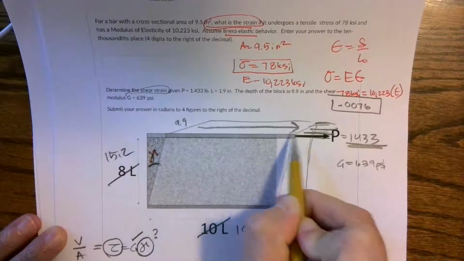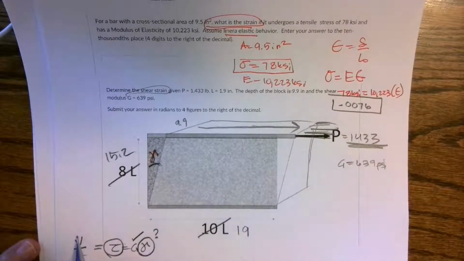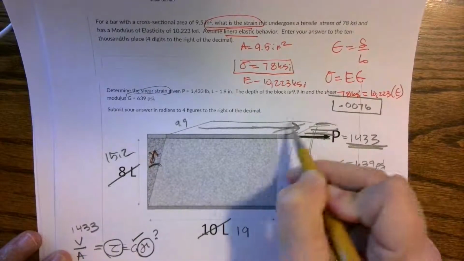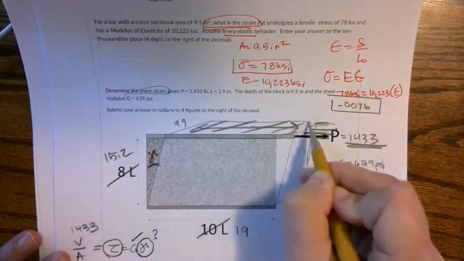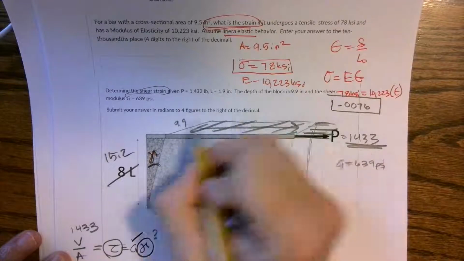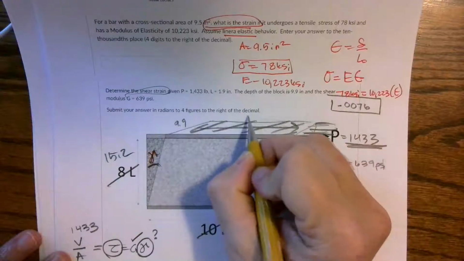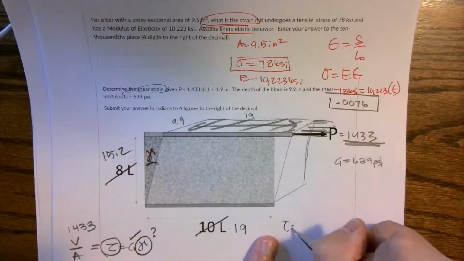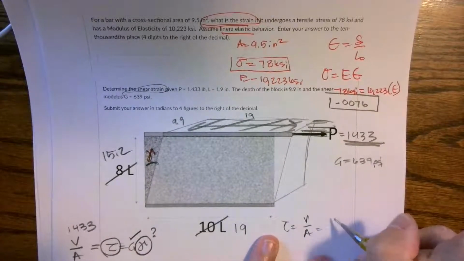It's now parallel, it's now shear. So my shear is 1433. Now what area are we shearing across? Well, it's this top area. So the area up here is 9.9 times 19.